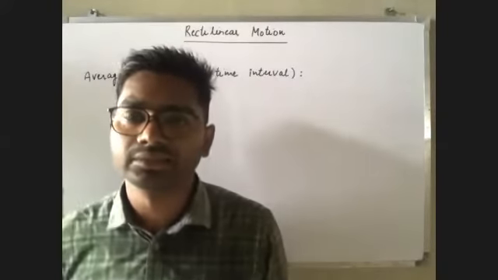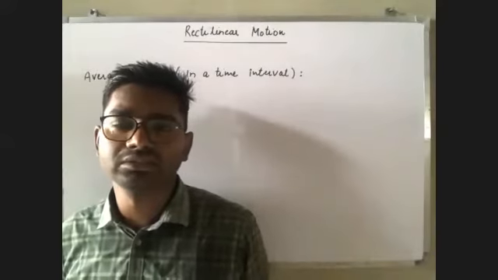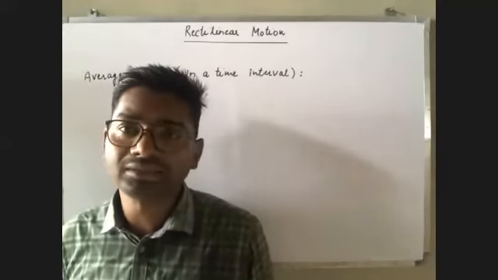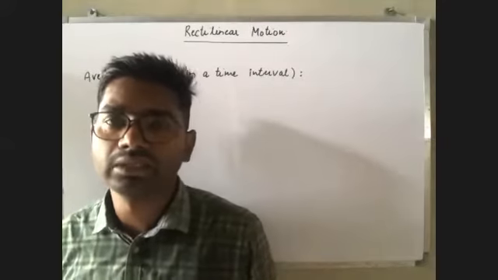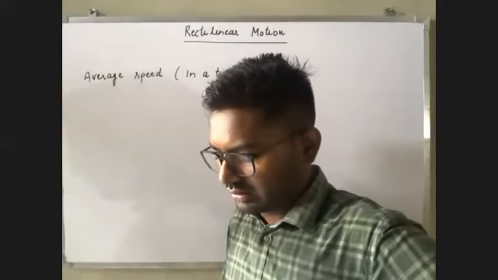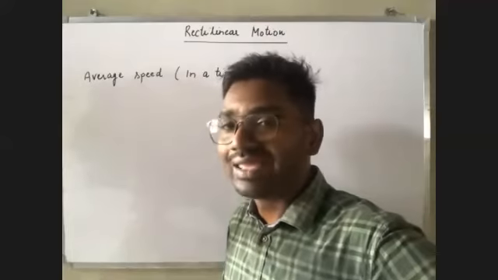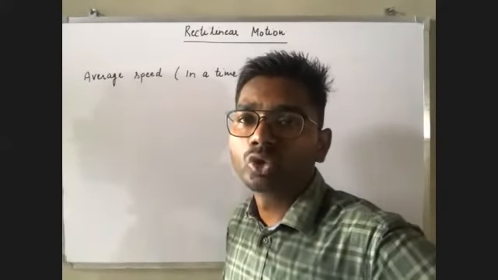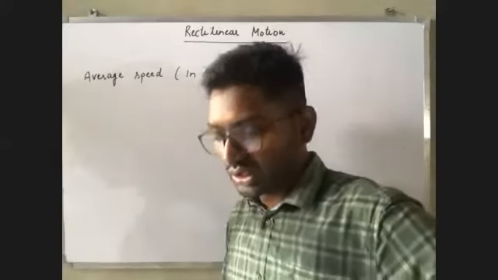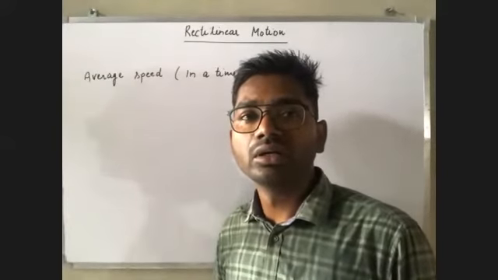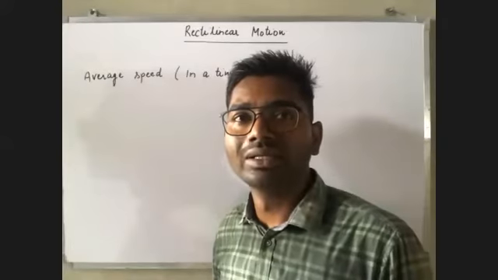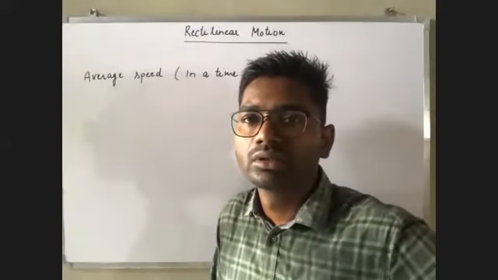Average speed is defined as total path length traveled divided by the total time interval during which motion has taken place.